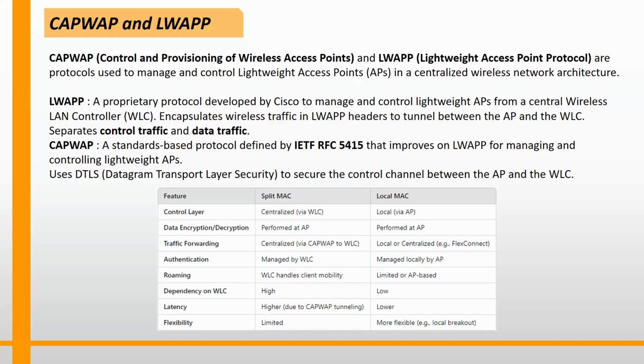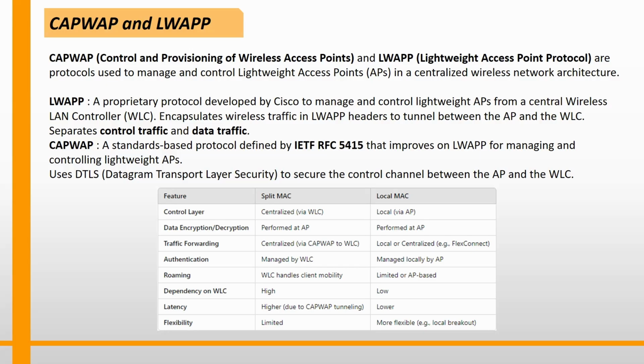And in the previous session, we started the WLC and AP concepts. We have completed wireless module 1, the wireless basic foundation. And we have started the wireless access point and the WLC basics. In the previous session, we looked at the introduction.